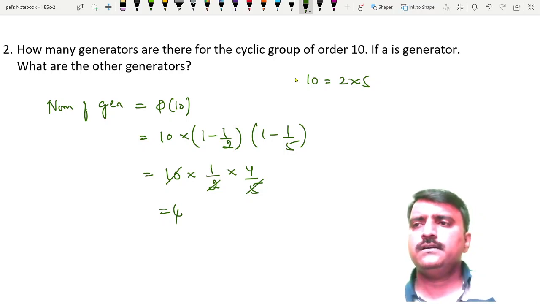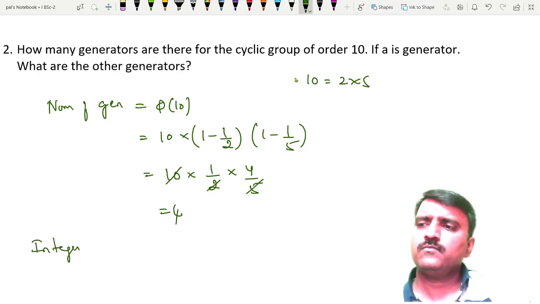So the integers less than 10 and prime to 10 are 1, next 3, next 7 and 9.